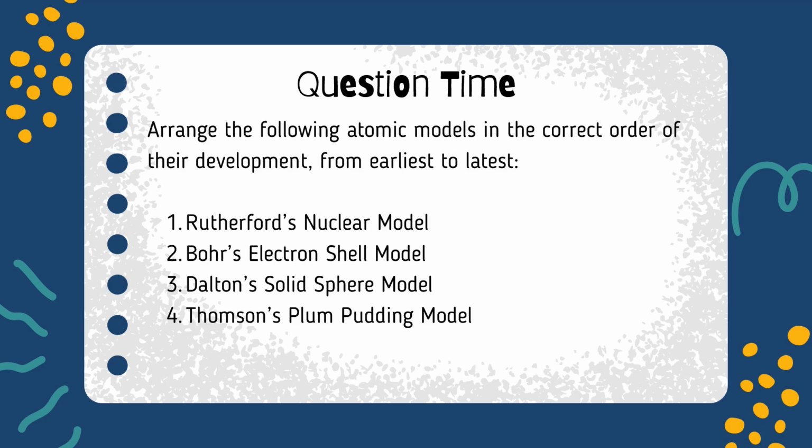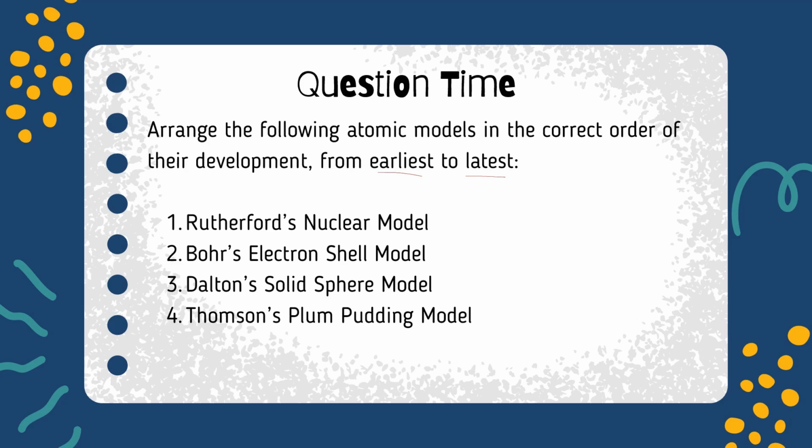Question for you again. Arrange the following atomic models in the correct order of their development from earliest to latest. Rutherford's nuclear model, Bohr's electron shell model, Dalton's solid sphere model, Thomson's plum pudding model.